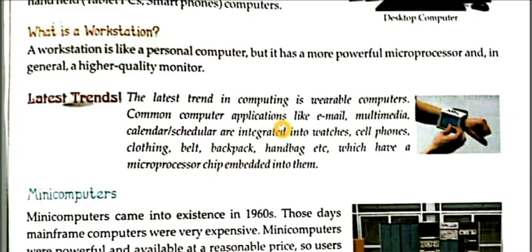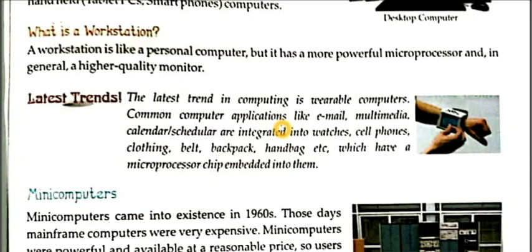I know that most of you have thought about smartwatches. Do you know what smartwatches can do? Smartwatches can do most of the work which you are doing on your smartphone. They can click your photos. From there you can make a call to anyone. You can listen to songs. You can send messages, etc.